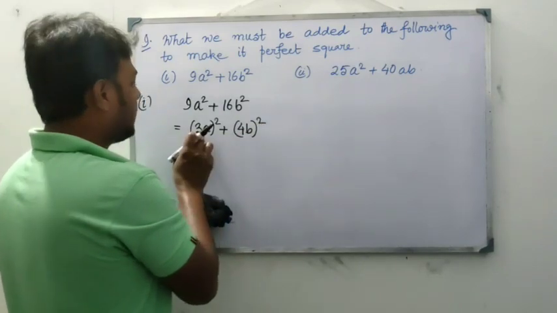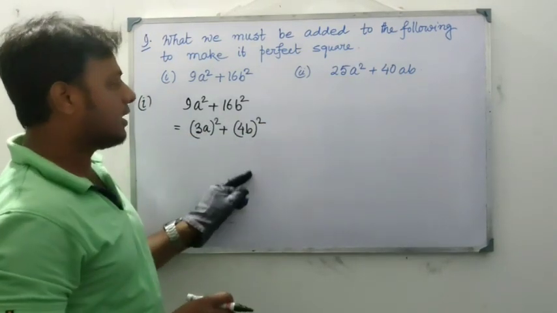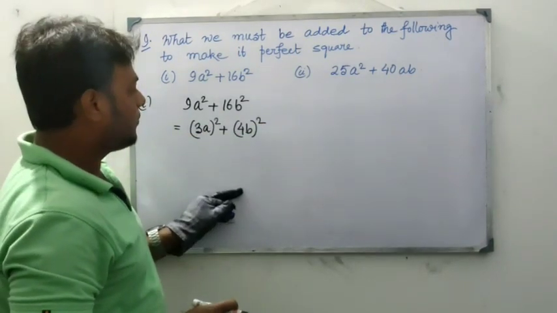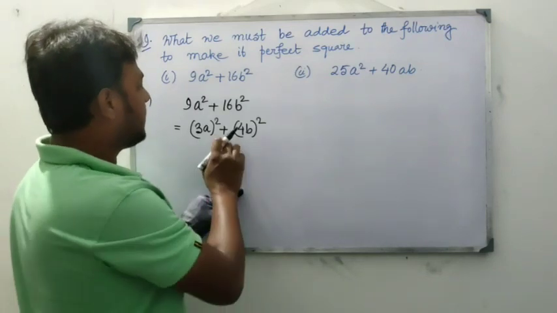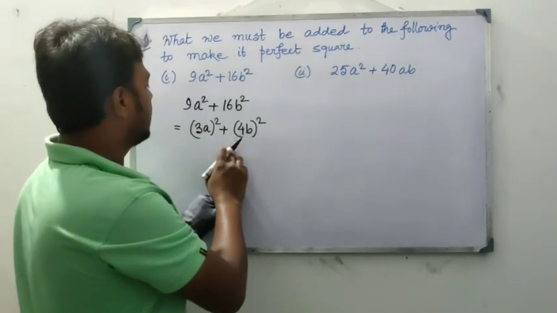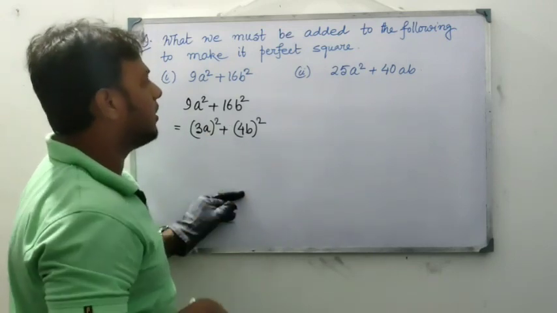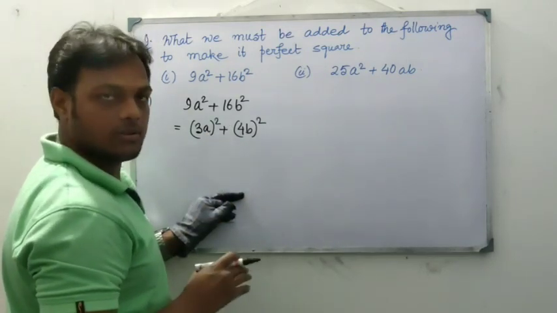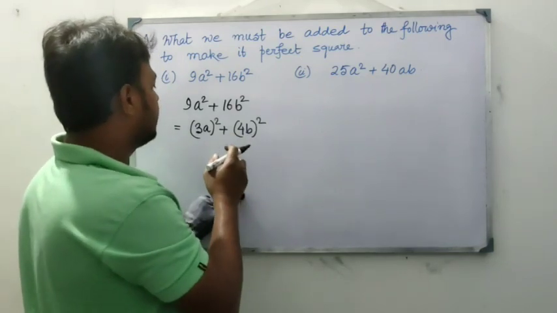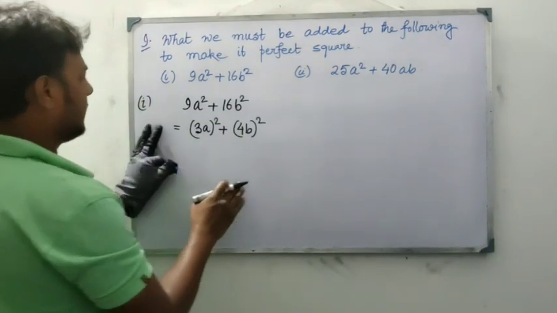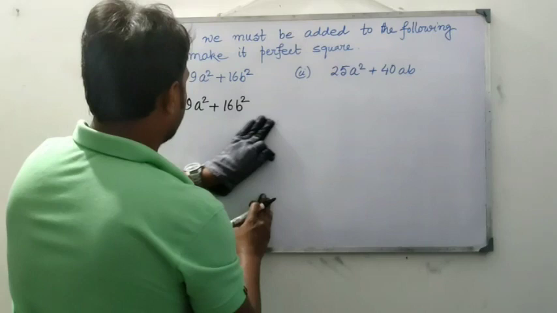So if you consider the first one as a and second one as b, so we have to add, to make it a perfect square, either plus 2ab or minus 2ab. Okay, I am writing in a different way.